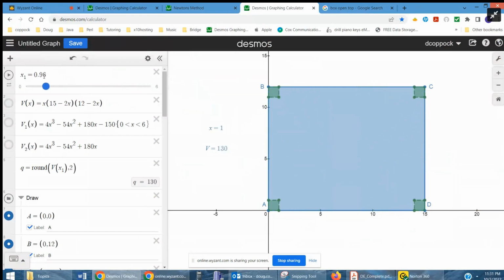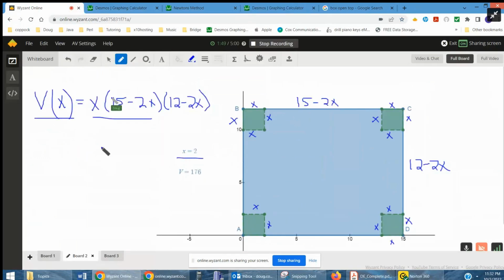And of course, if x is equal to 0, we won't have any corners to fold up either, or sides to fold up. So the domain of this function is the set of all numbers x such that 0 is less than x is less than 6. Otherwise, you don't have a box.